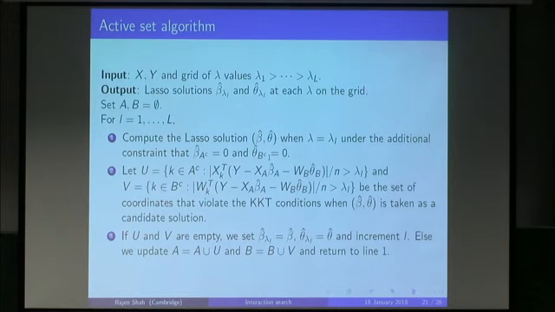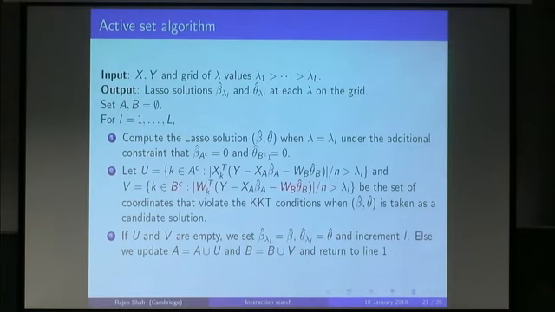That's essentially what this is laying out here. So we compute the lasso solution just on these active sets A and B, and then you look at the KKT conditions to check whether you actually got the correct solution there. And if you have no violations of the KKT conditions, you know you've got your solution. If you have some violations, you add them to your active set and then recompute the lasso again.